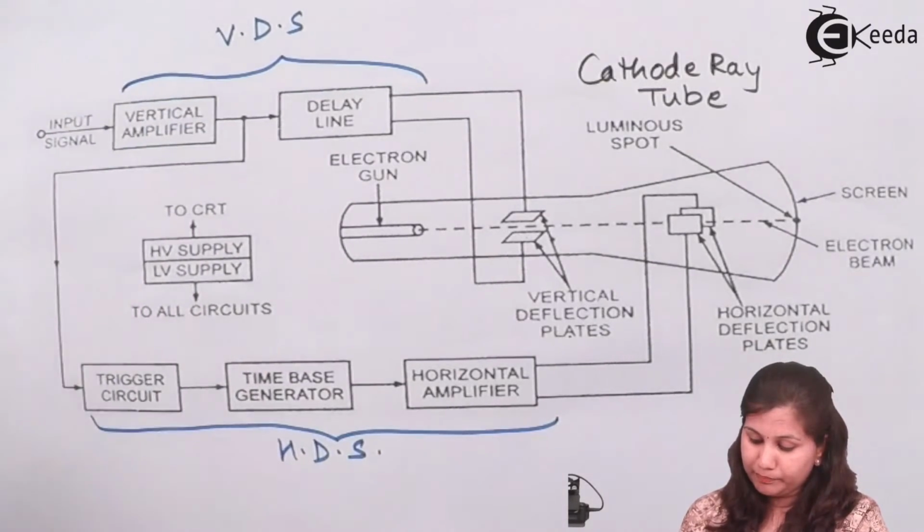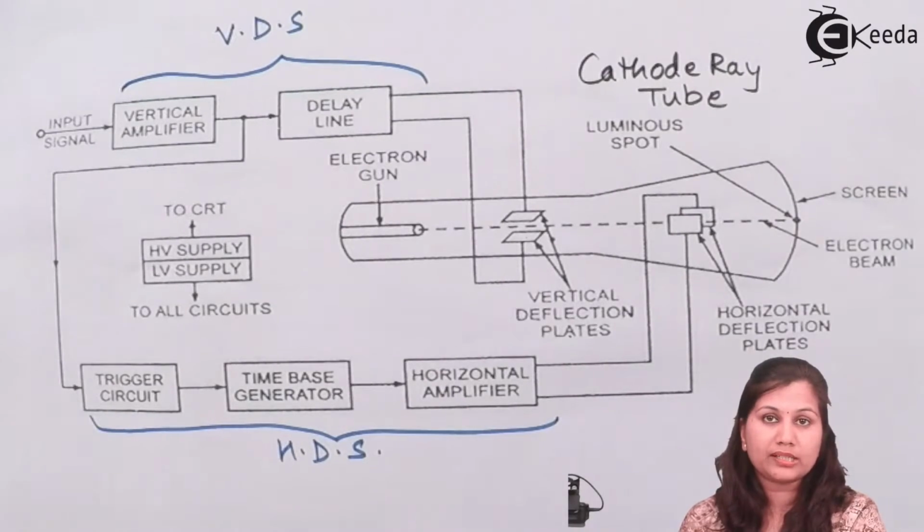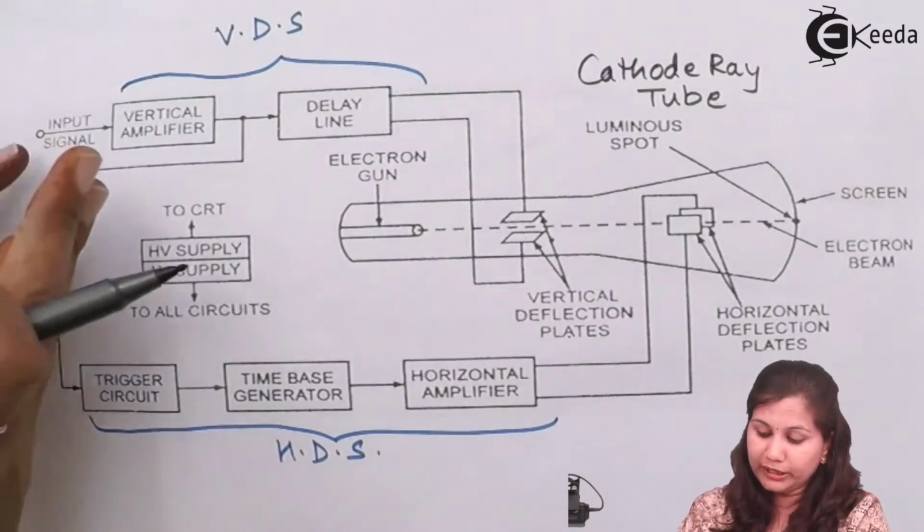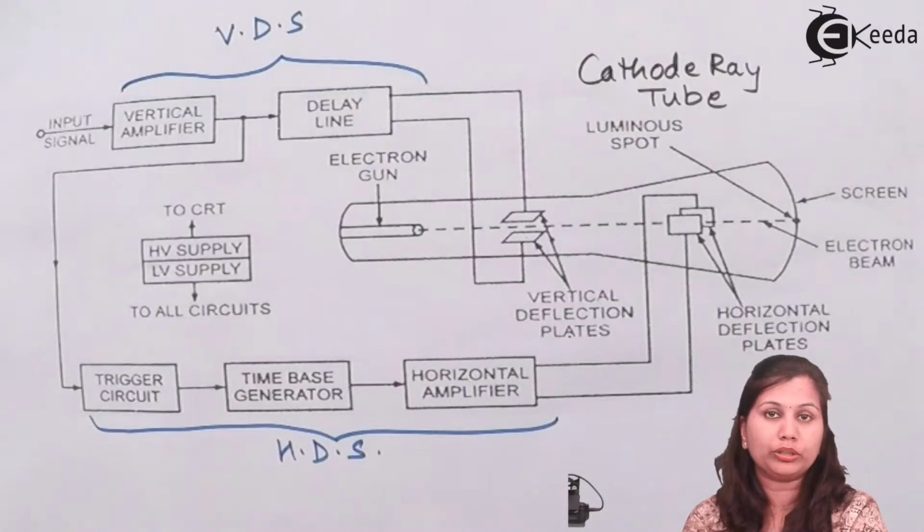And the main function of this triggering circuit is that both the vertical input and the horizontal input are generated at the same time.